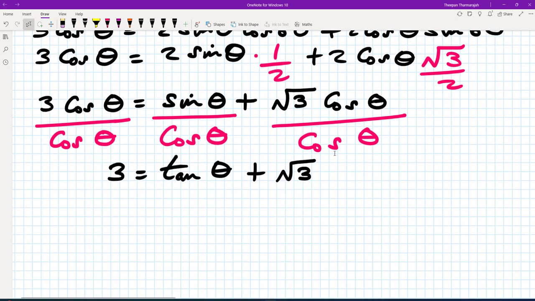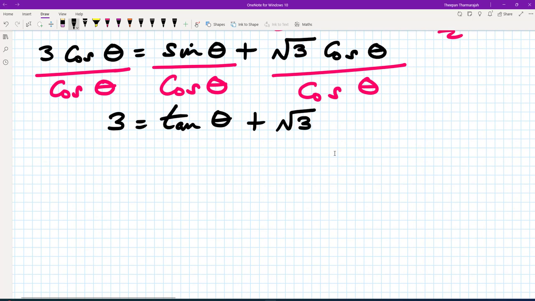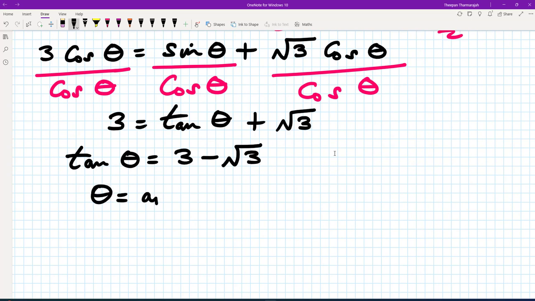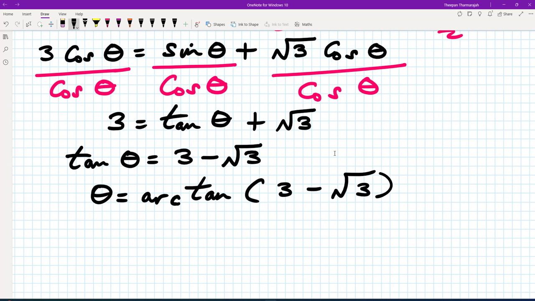So from here, we could rearrange for tan theta. So tan theta is 3 minus root 3. We can arctan that now. Don't forget, arctan is the same as tan inverse. Get that from our calculator. And that gives me 51.7 to 1 decimal place.